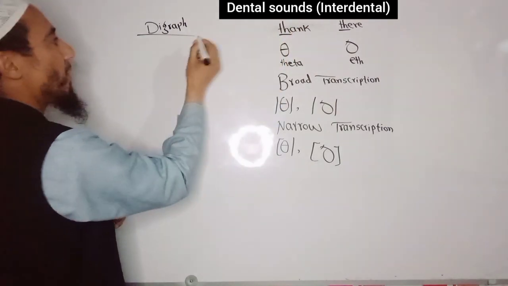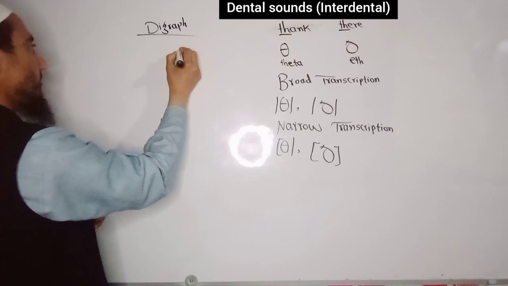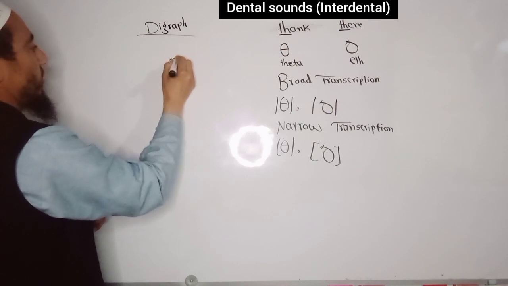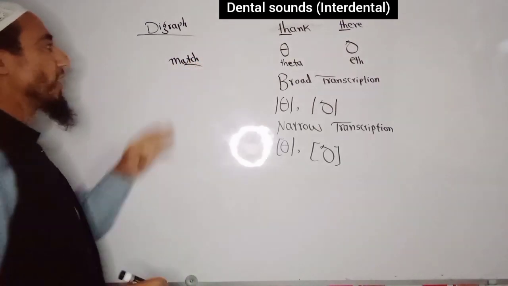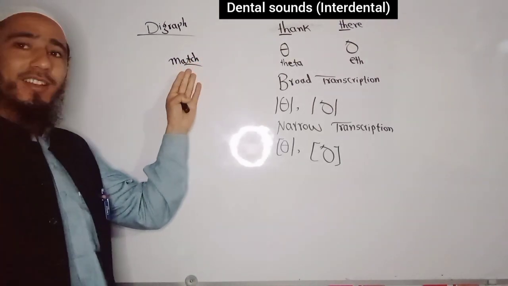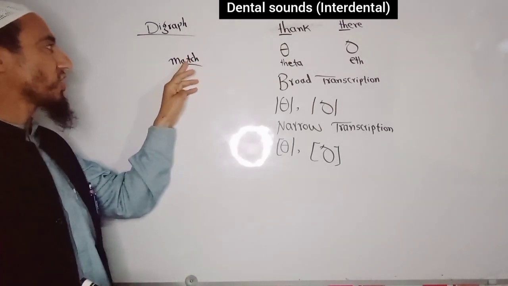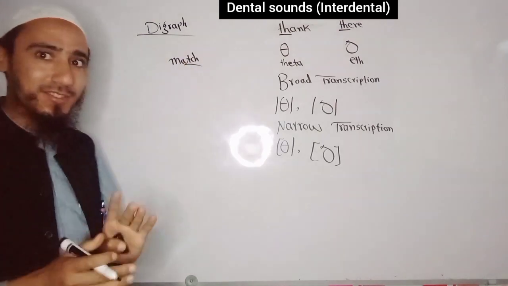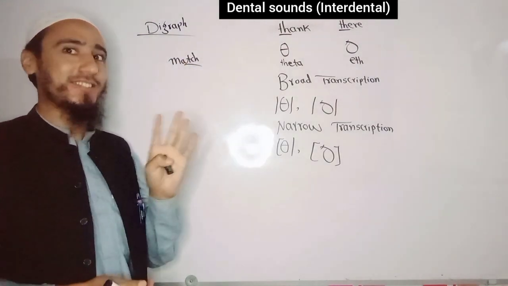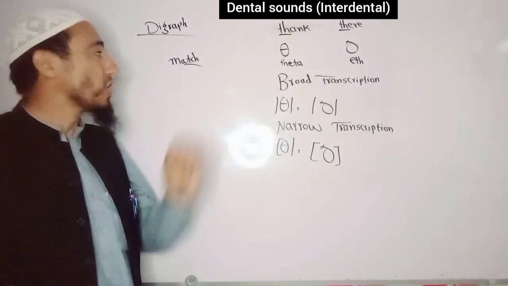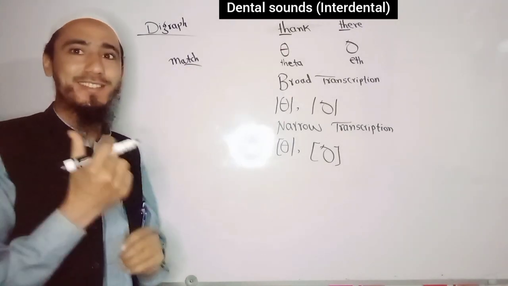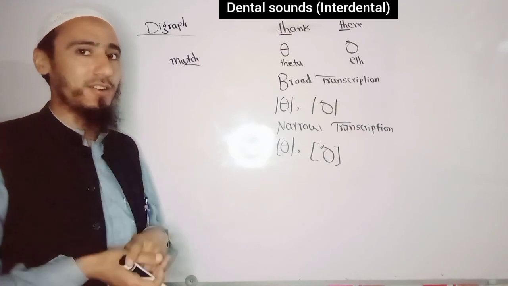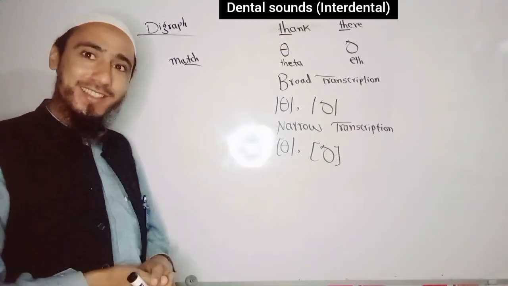Take the example of a match. Now here you see TCH. Three letters are there, actually, not sounds. But these three letters produce a single sound, that is the ch sound. So what do we call it then?